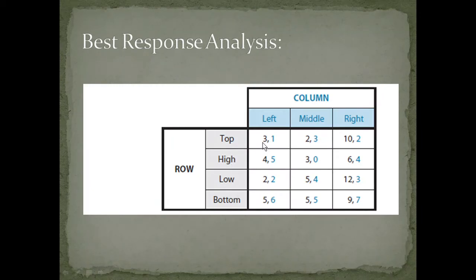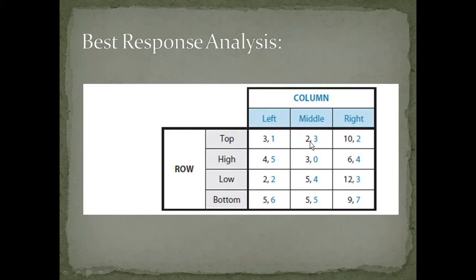Now he'll see which one is giving him the maximum payoff, given that the column player has played left. So to the strategy taken by the column player, what is the best response of the row player? Which is clearly 5. You see, 3, 4, 2 and 5. Amongst these, 5 is the highest.